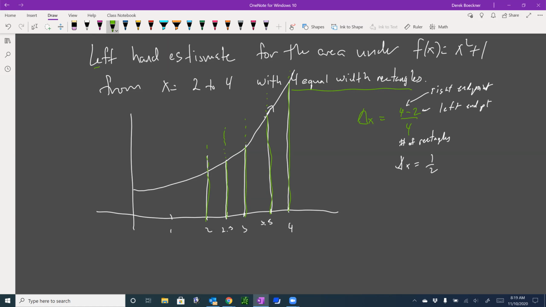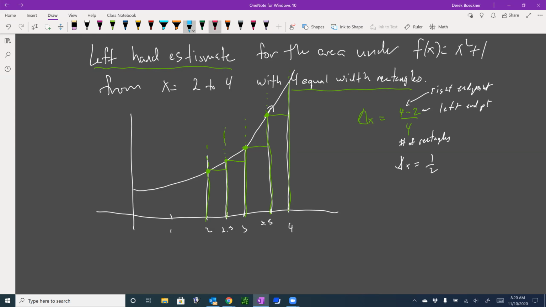And then the left-hand estimate says I'm going to take the left-hand endpoint of each of the rectangles, figure out where it crosses the function, and then that's going to be where I draw my horizontal bit for my rectangle. So here's the left-hand endpoint where it crosses the function. Come over, that's the top of my rectangle. Where the left-hand side of the rectangle hits the function, come over, that's my rectangle.